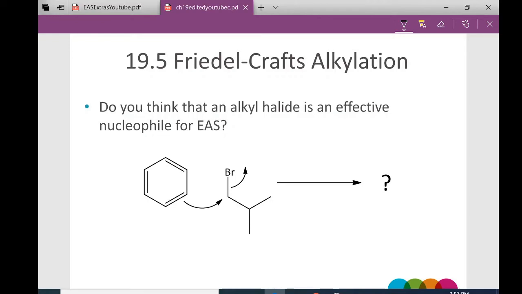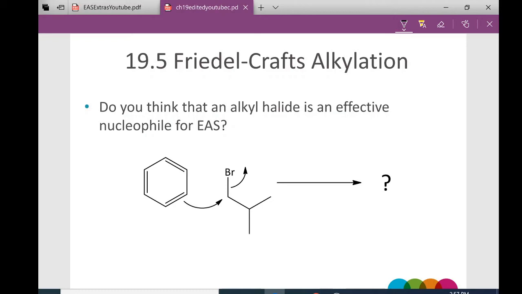We've studied alkylation of an alkyne with an alkyne. We've also seen using a cyano group as a nucleophile in an SN2 reaction. But this is another way to extend our carbon chain to add an alkyl group to our product.